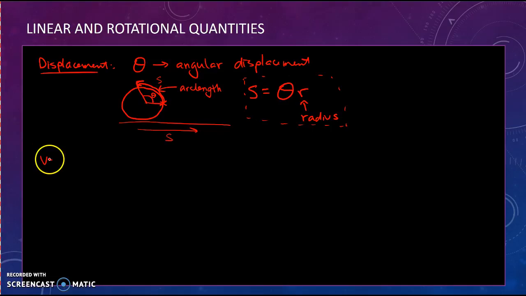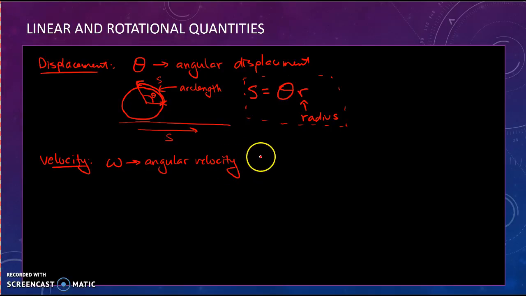Then we have velocity. So we can talk about the rate that these angles are being swept out, as I said before. We use fancy Greek letters for all this, so we call this omega, angular velocity.